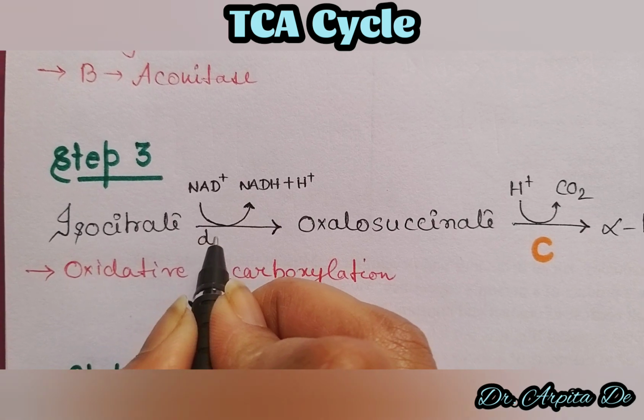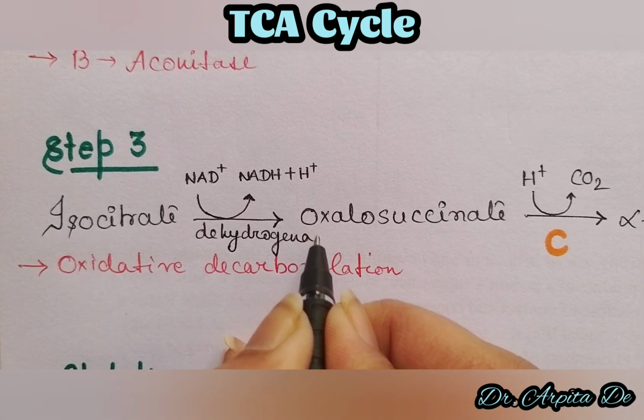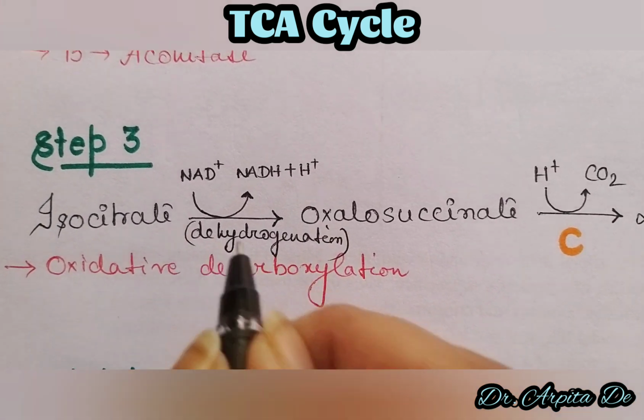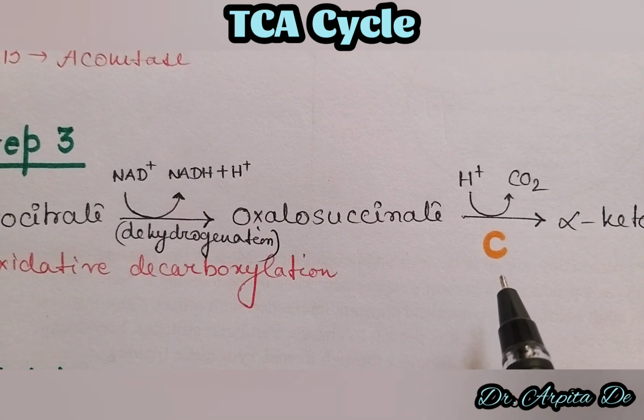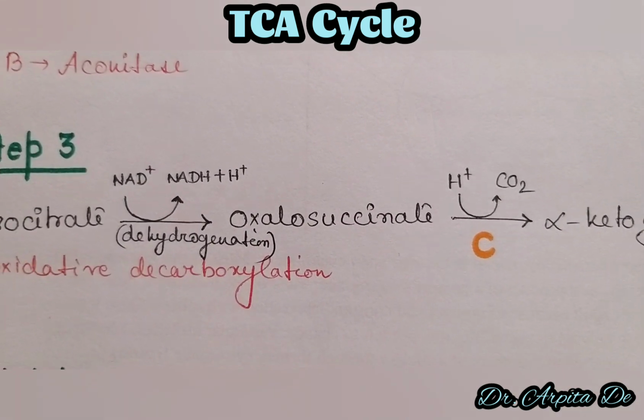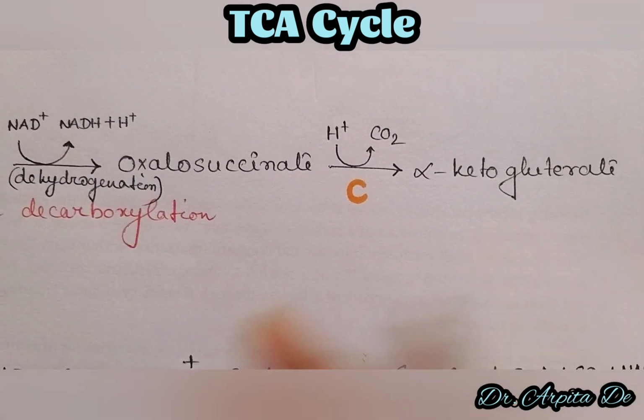Okay, so we can write dehydrogenation here, right? Then you can see this oxalosuccinate is forming alpha ketoglutarate, right?